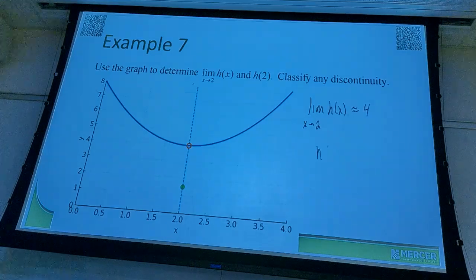But what's h of 2? 1.5. Yeah, I'd say it's probably about 1.5. That's a discontinuity, what kind? Removable. That's a removable one. Again, you can easily tell just from looking at it.